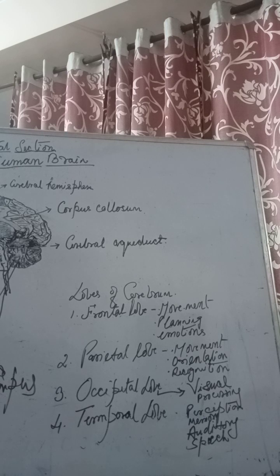The receptor cells receive the stimulus, and by the sensory neuron it is carried to the central nervous system, especially to the spinal cord in the case of reflex action, and then in the center of the spinal cord it is converted into a motor impulse, and then this motor impulse is sent back to the effector tissues. So this is the reflex arc. It makes an arc, which is the reflex arc, right?